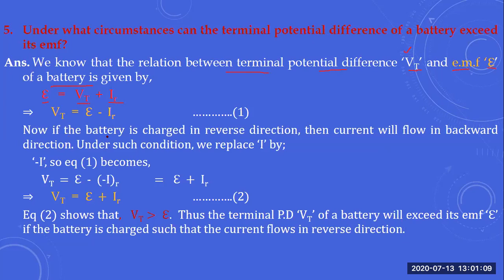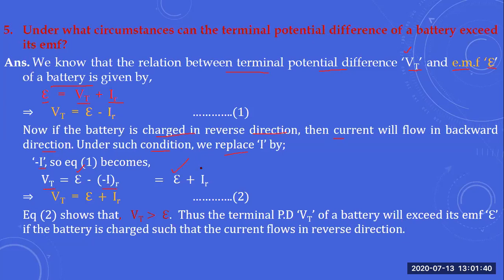If the battery is charged in reverse direction, then the current will flow in backward direction. Under such a condition, we replace I with minus I. So equation 1 becomes Vt equal to EMF minus, minus IR.